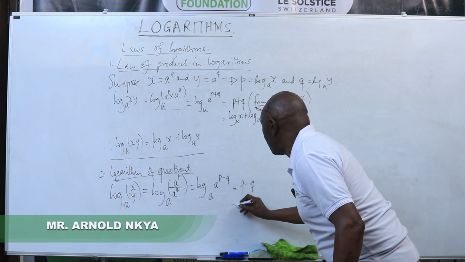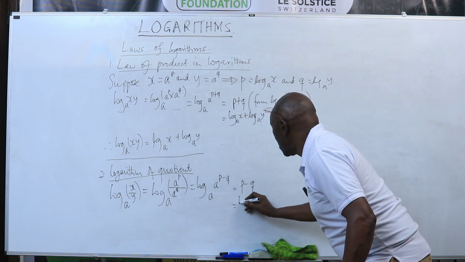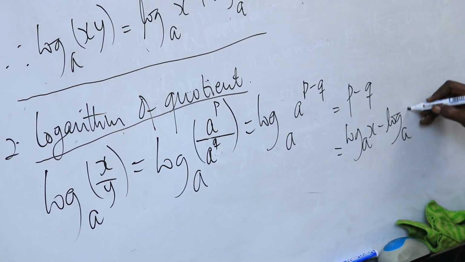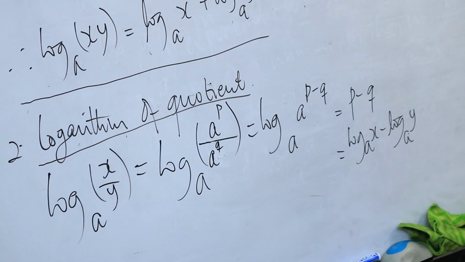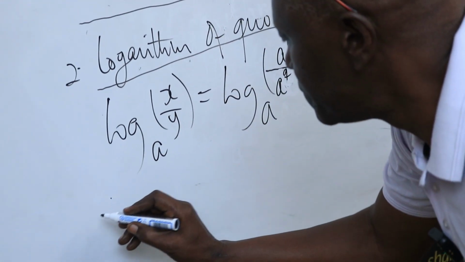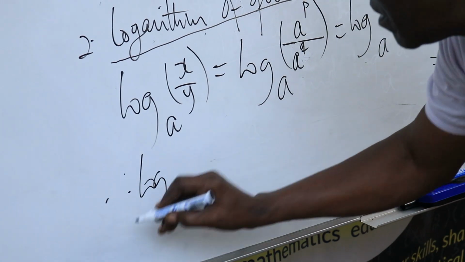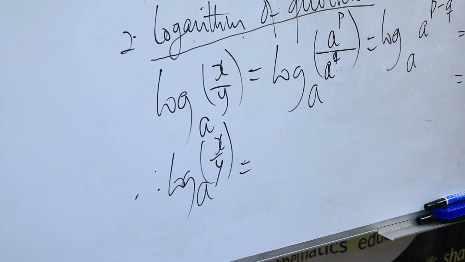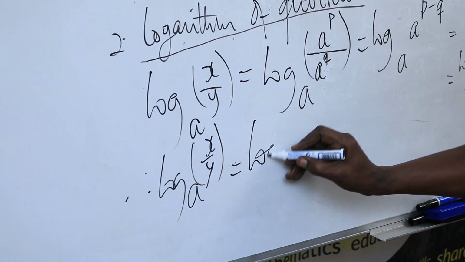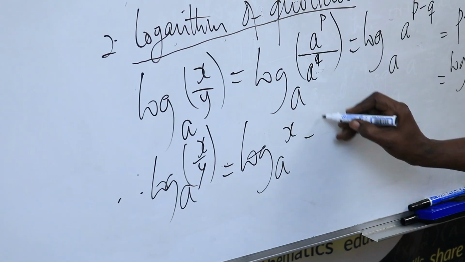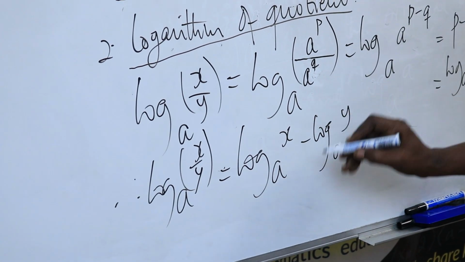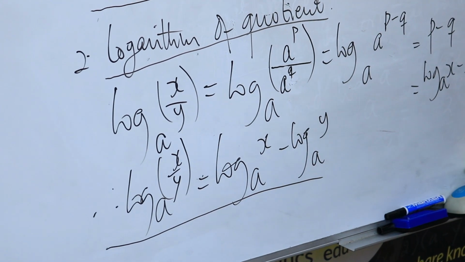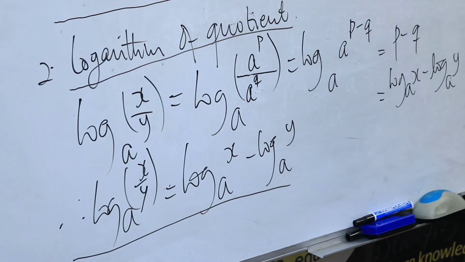Therefore, instead of p, we can write it as log x minus log y. Hence, log a of x over y is simply equal to log x minus log y. This is the logarithm of a quotient.